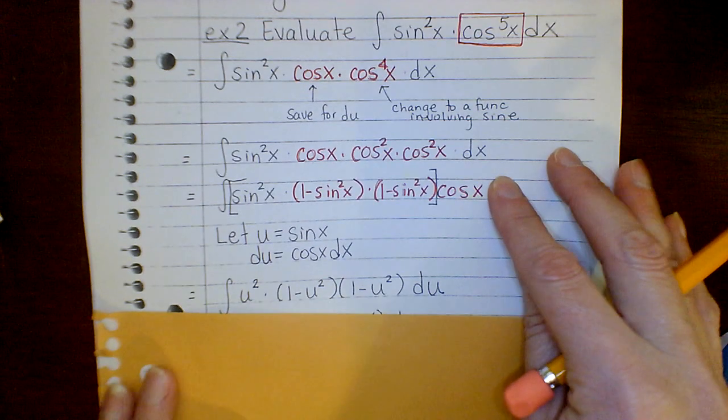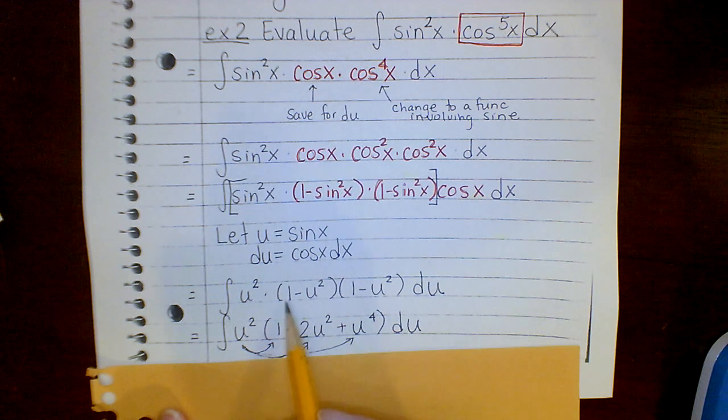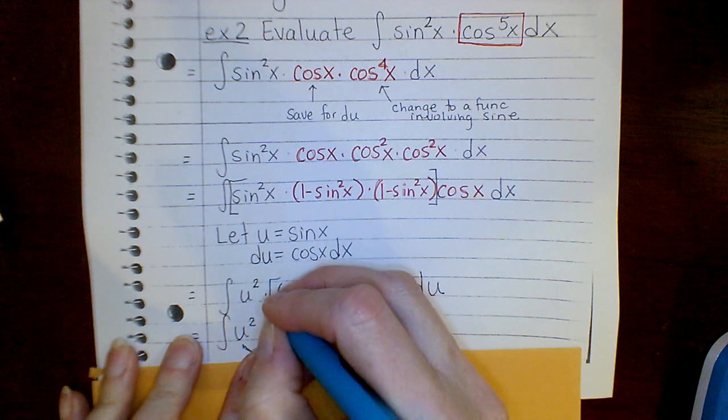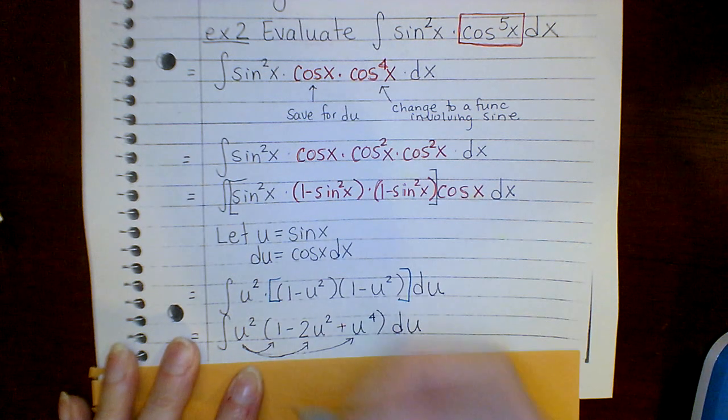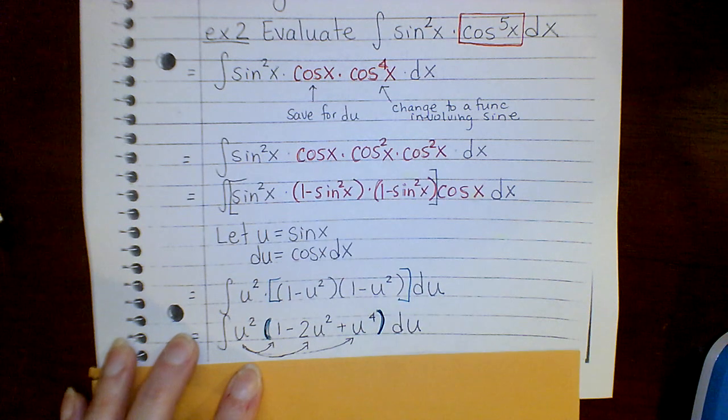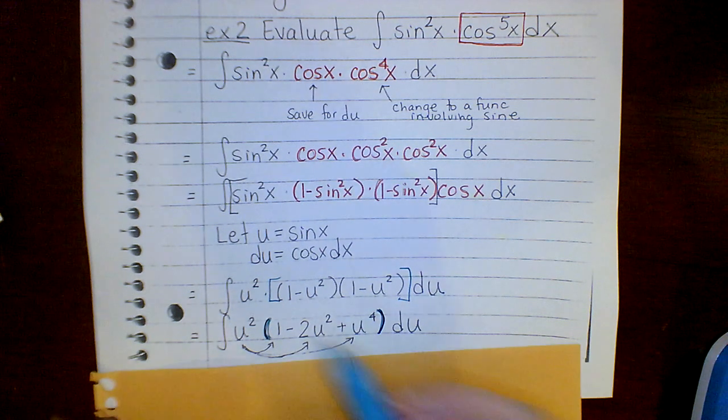And then we just need to multiply all that out. So I just multiplied this out first. So I'm going to grab a different color. So if you multiply that stuff out first, you get that just from distributing.